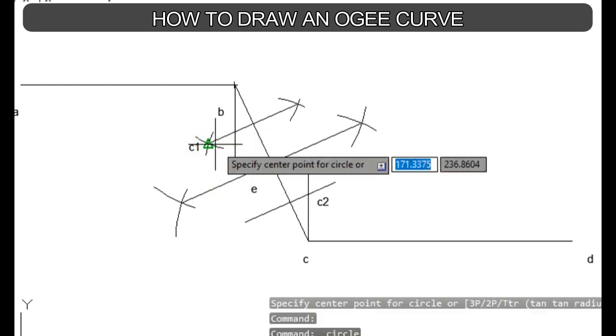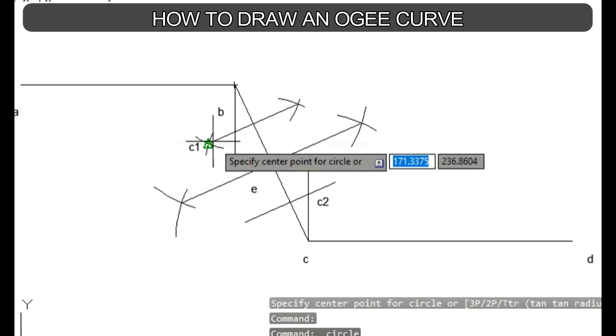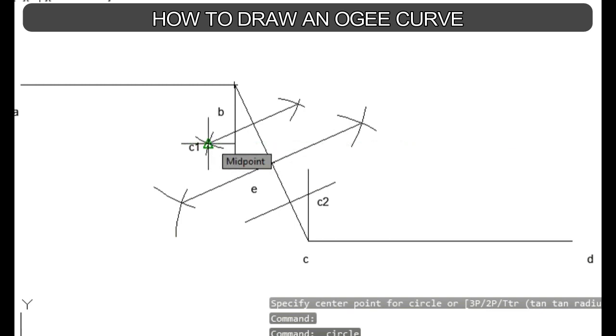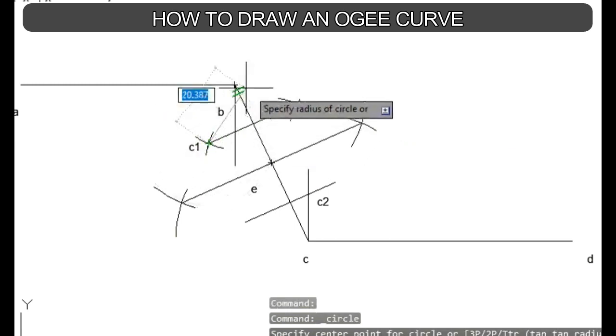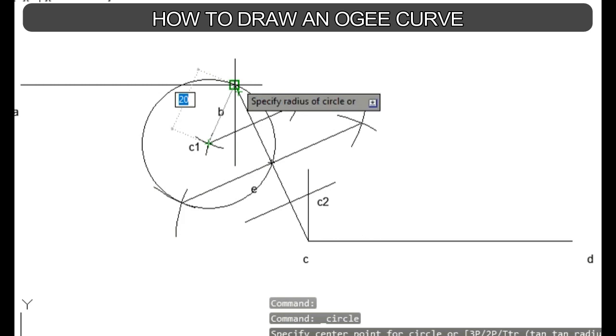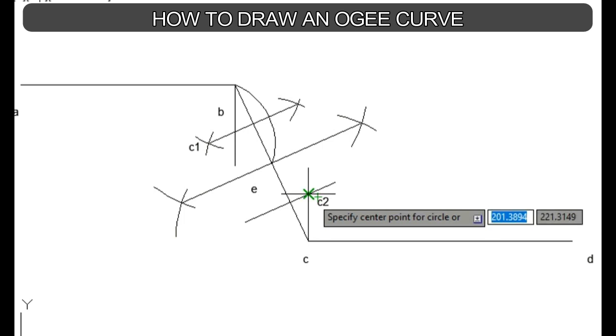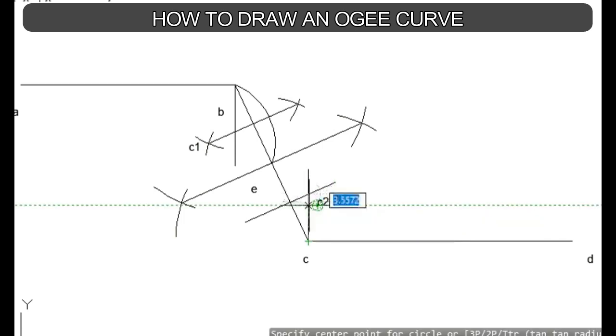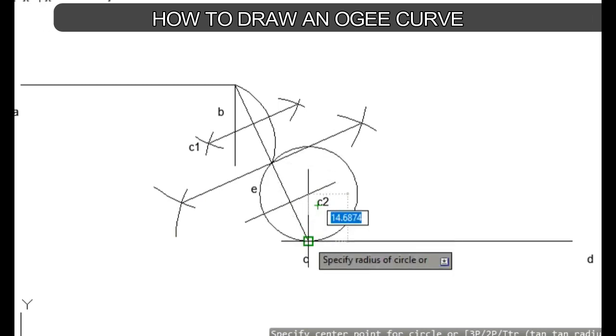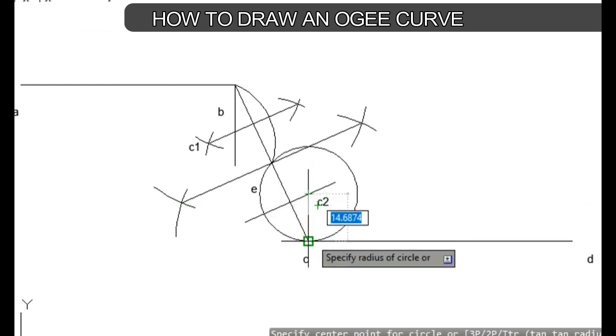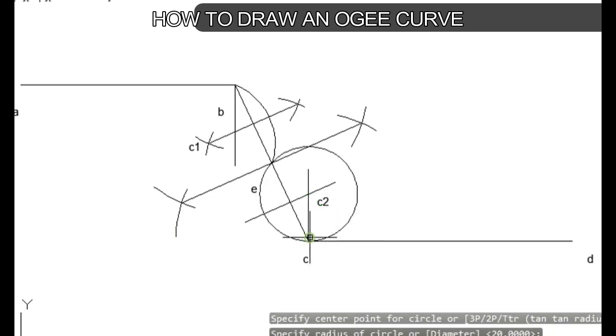See, we have to draw an arc from C1. We will consider C1 as center and this CB will be radius, just like this. Again we will draw an arc considering C2 as center and C2C, this portion, this line, as radius.